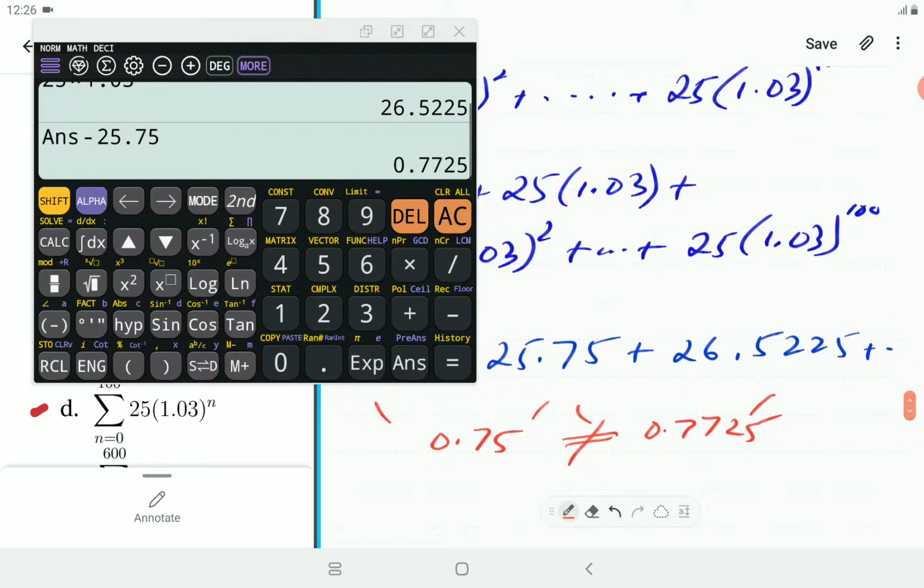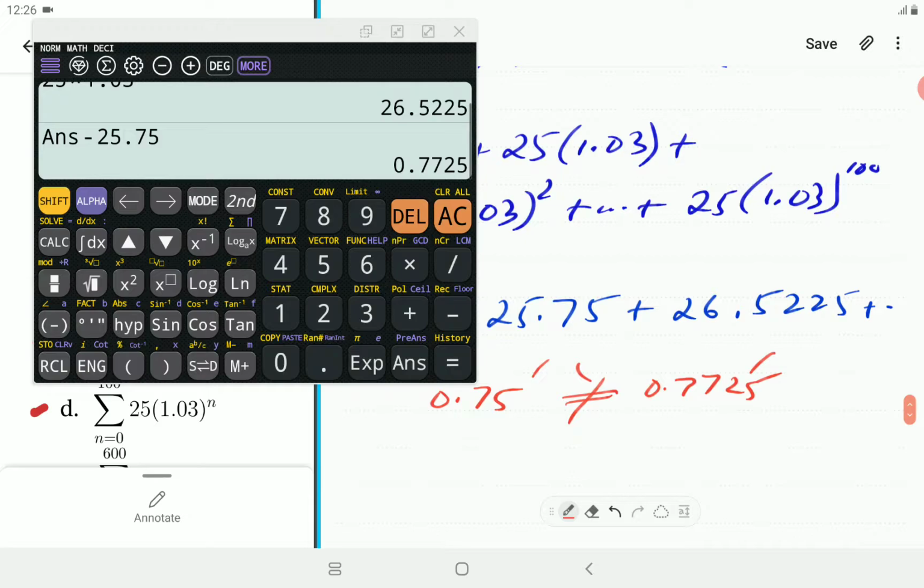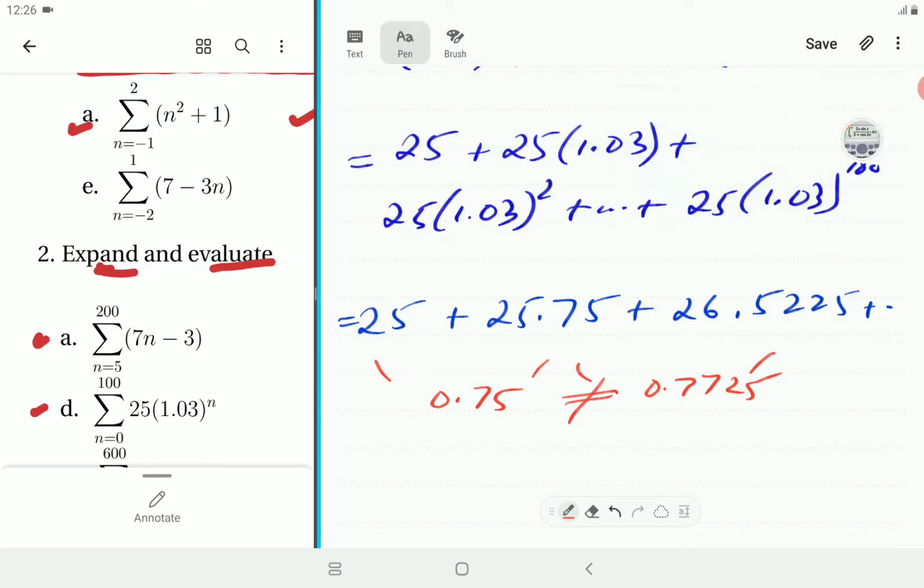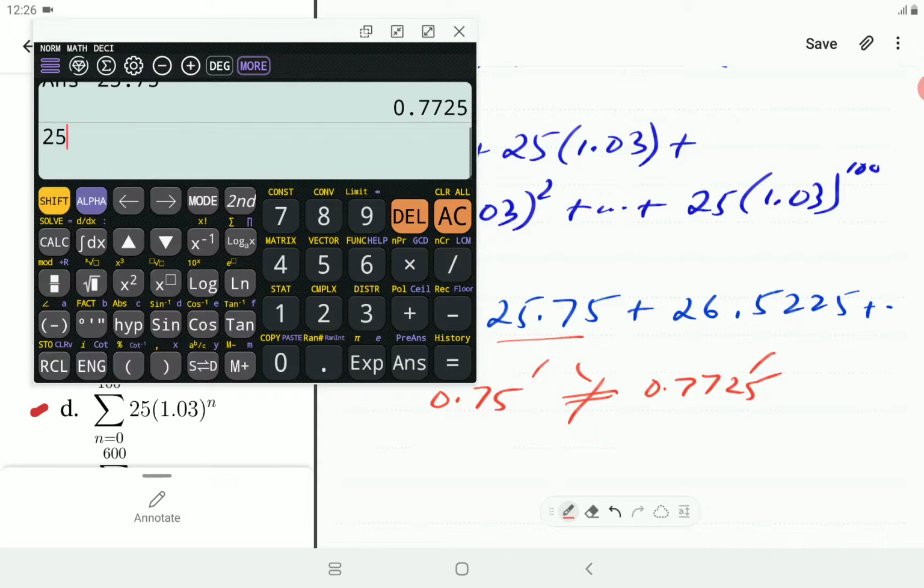So then the next thing we do is we try to divide them. If we divide this one by this one, it's going to be 25.75 divided by 25, and we get 1.03. Then if we divide this one by this one, it's 26.5225 divided by 25.75.